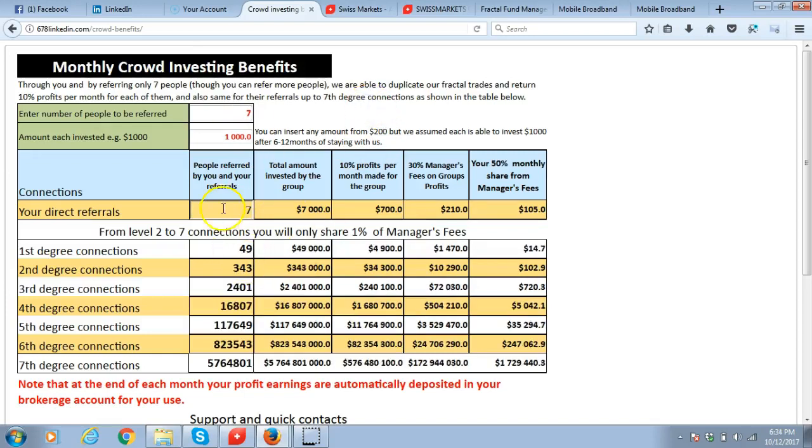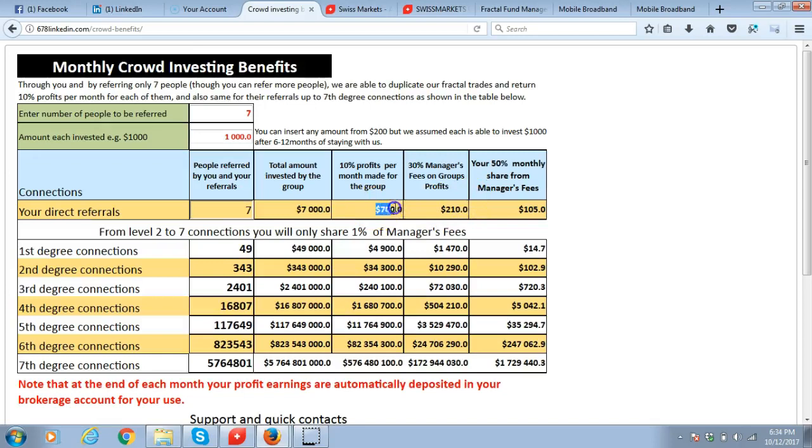You click anywhere. It means that when we trade, assuming each of these 7 people, on average, we have them now investing 1,000. Assuming each of these 7 people invested 1,000, there will be a gross of 7,000 contributed as funds from these 7 people.